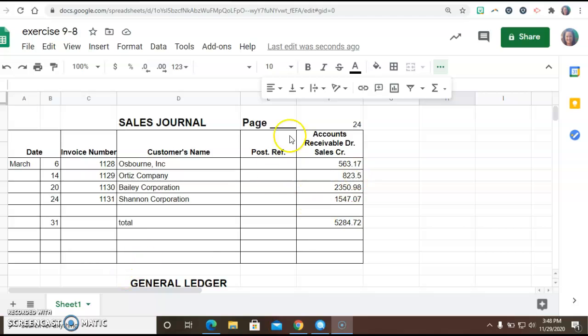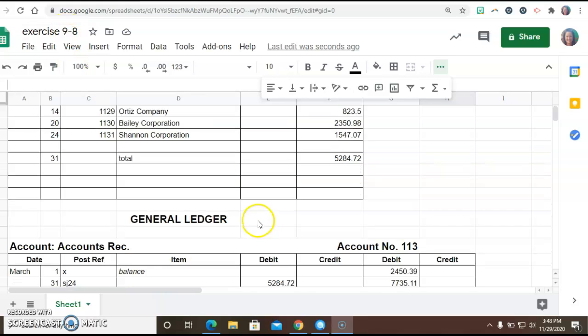So using what you learned on the work together, you needed to fill this out on your worksheets as well. So exercise 9-8, you should have done along with me. Your assignment now is the first part of exercise 9-10, just that top part of the sales journal. Okay, you will not be posting this time. All you're doing is actually completing the sales journal.